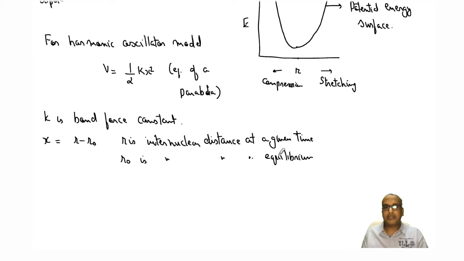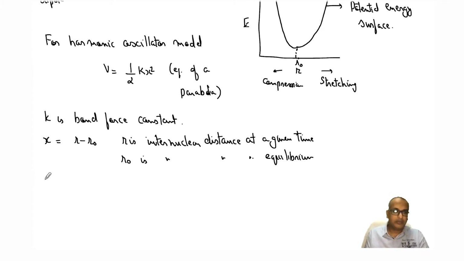So that means x is the difference from the mean position. If this is my mean position, I would call this as r0. So any deviation from r0 will be called as x, because r is the absolute value at a given point, right? Okay.